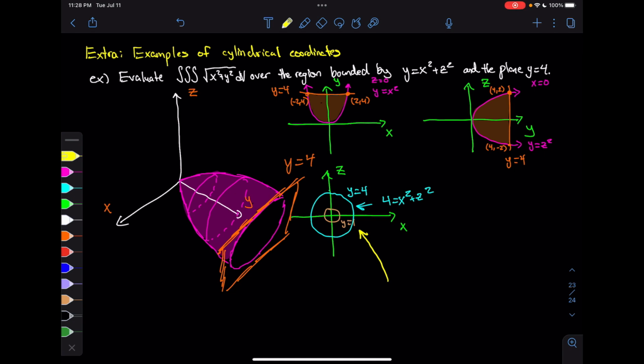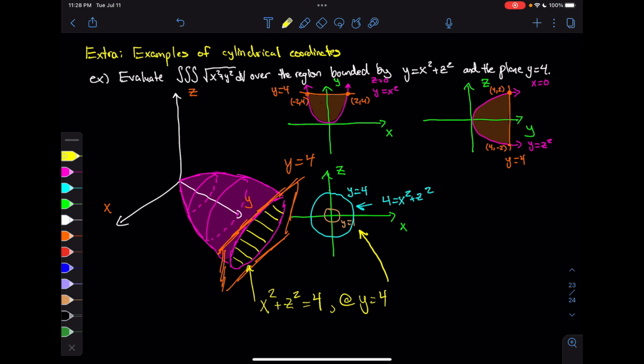And lo and behold, if you look at this right here, this is a circle. And that circle is what I drew in blue over there, x squared plus z squared equals 4, at y equals 4. That's what that circle is.